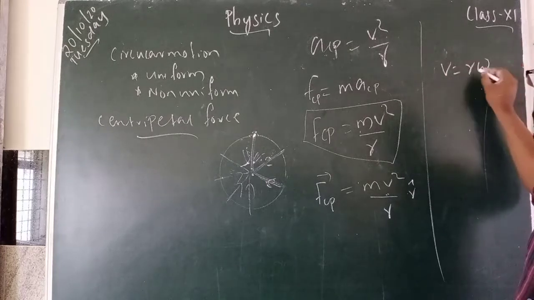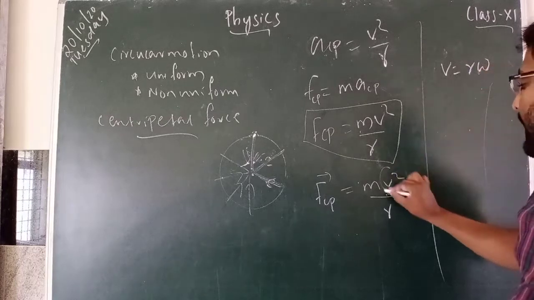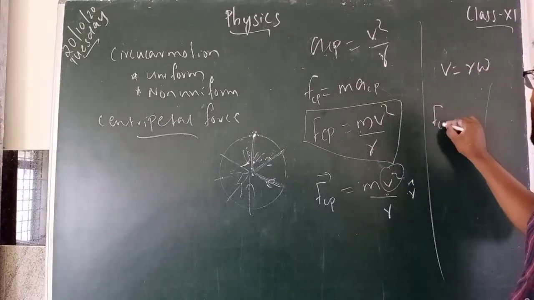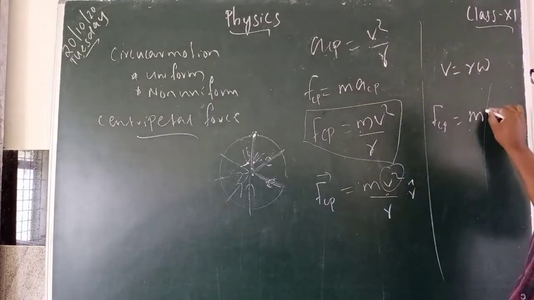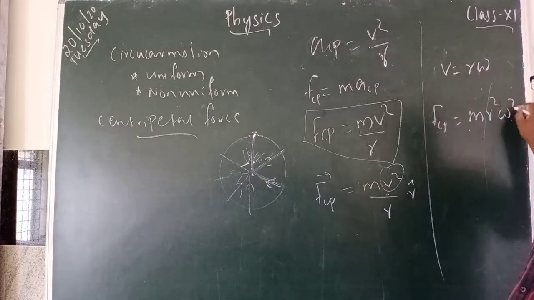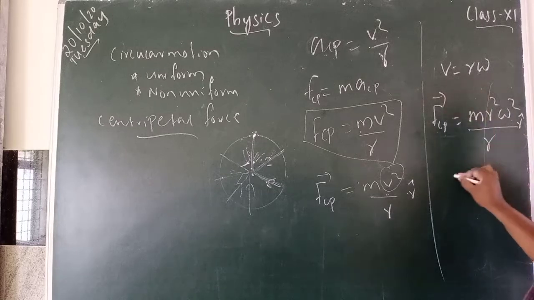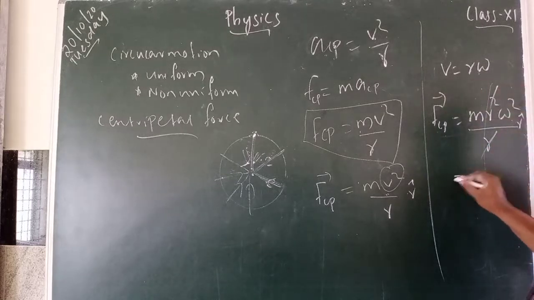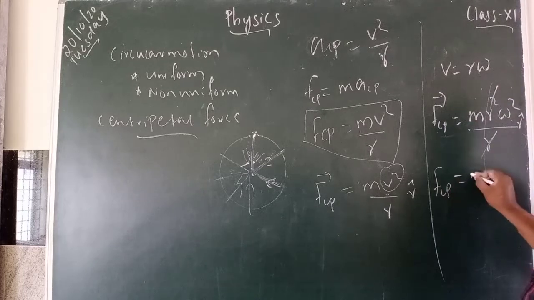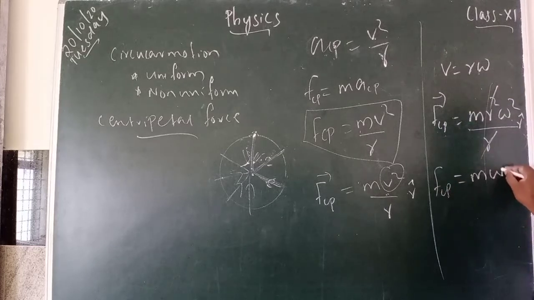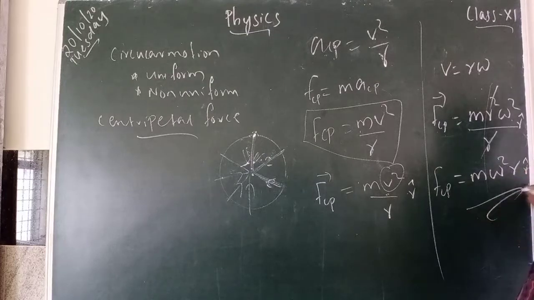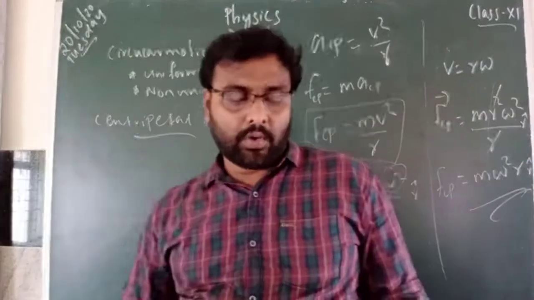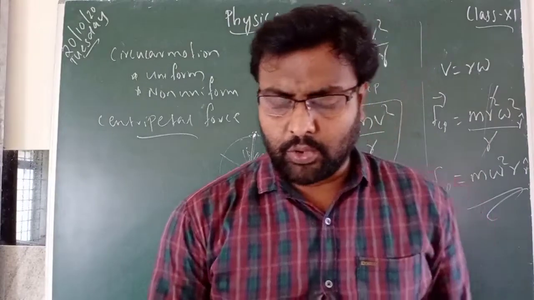So substitute this R omega here. So F_cp is equal to m R square omega square by R, R cap, R cancels. So we get F_cp equal to m omega square R, R cap. This is for angular circular motion.